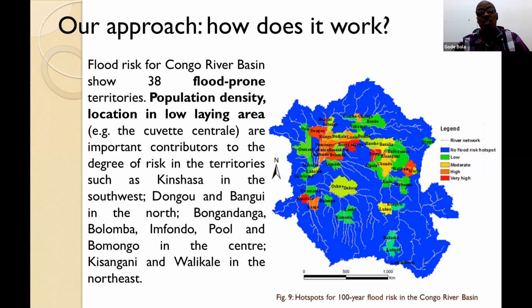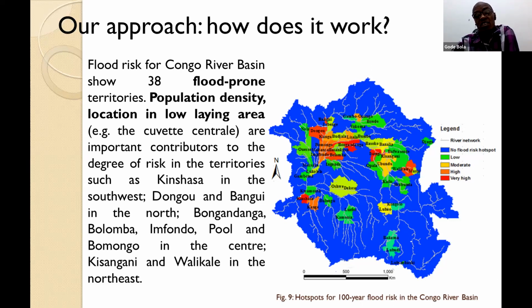The factor that was linked to most of it, besides the rainfall and so on, we think that population density and location in low-lying areas are important contributors to the degree of risk in the territory, such as Kinshasa, as we know that Kinshasa is one of the big cities within Africa, and people are trying now to settle within the floodplain area.